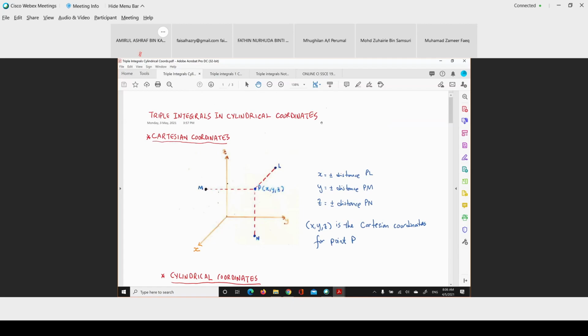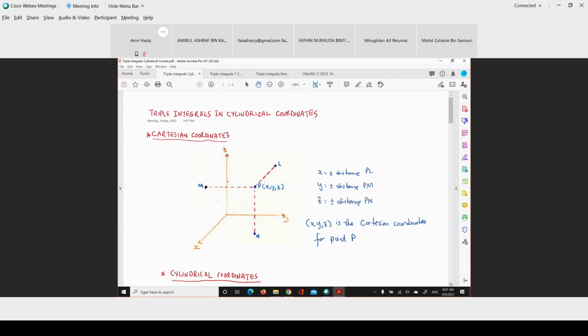And y is plus or minus the perpendicular distance between P and the xz plane here, while z is the perpendicular distance of P from the xy plane. So a point in space can be represented by x, y, z in terms of Cartesian coordinates.